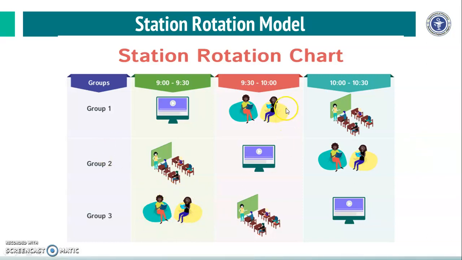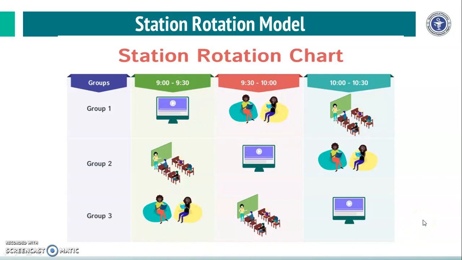Now, these groups are rotated through various stations. Group 1, which was having the online instruction, will go for collaborative learning. Then they will shift to another station of face-to-face interaction. So in the case of station rotation, the groups are rotated through various stations.